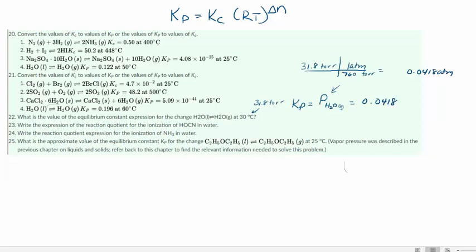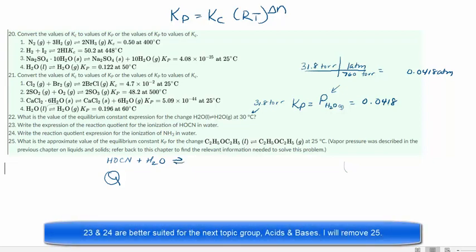Number 23, write the expression for the reaction quotient for the ionization of HOCN in water. Well, if we do this, then this hydrogen here, this is an acidic hydrogen. The form is called the hydronium ion, and we'll talk about that in the next module.